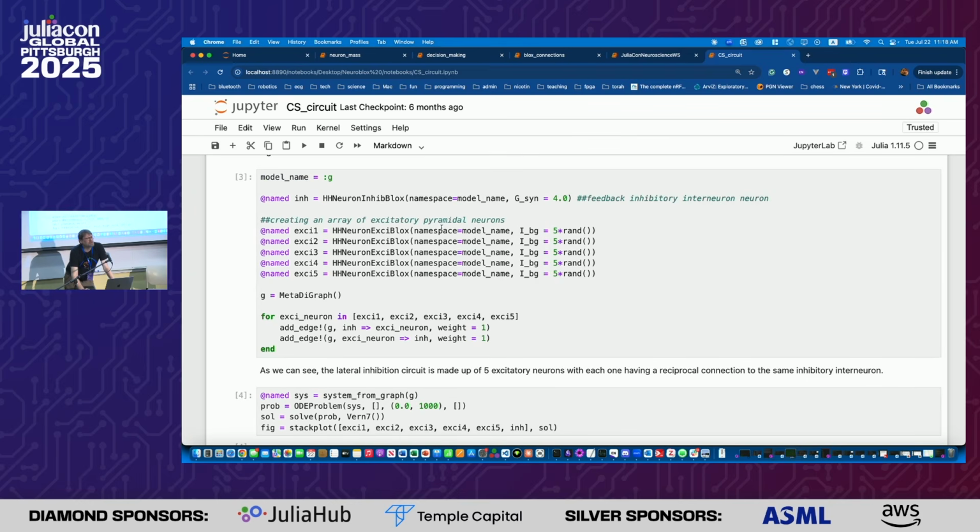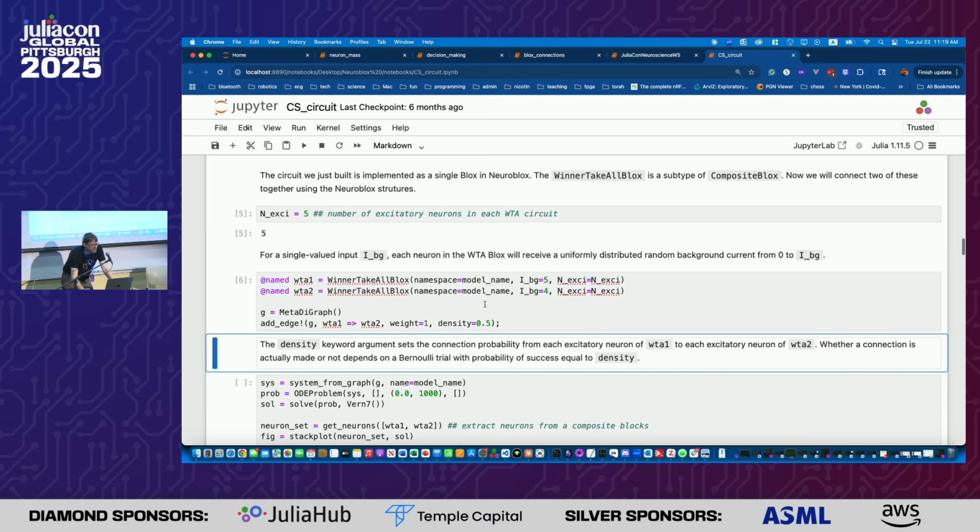So in Neuroblox, what you can do is you can make composite blocks, which are blocks of blocks, right? So we built essentially this structure here into a block, and then you don't have to worry about it anymore, right? So then it's essentially encapsulated in a new block that you can then instantiate by just saying winner take all block, right?